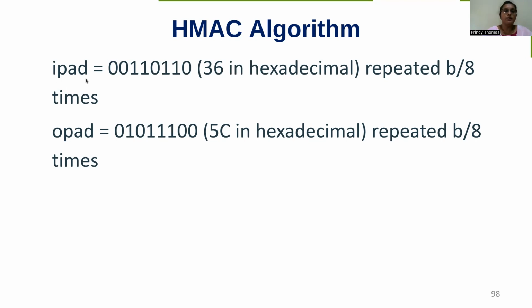The input pad, or iPad, is hexadecimal 36, that is 00110110, repeated B divided by 8 times, because there are 8 bits here. And oPad is the output pad, which is 5C, with bit values 0101 1100. This is also repeated B by 8 times.